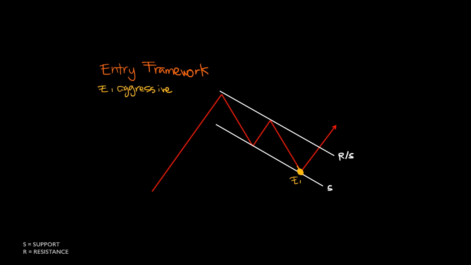aggressive entry. After that, the second major entry will be the breakout of the third test of resistance, which by now you should know 70-80% of the time happens on the third test. Now that is what we will label as E2 or what we will also call your neutral entry.